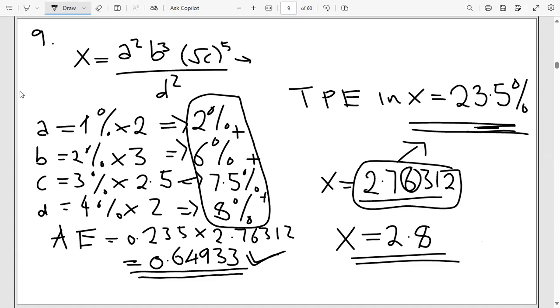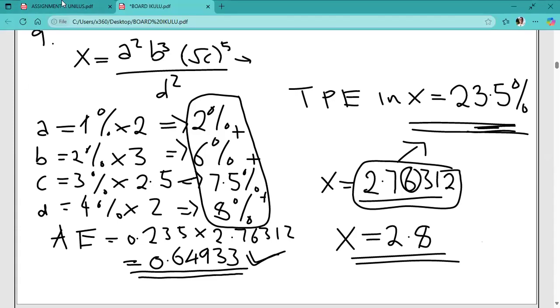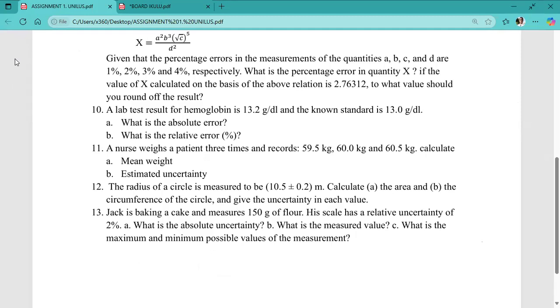Hence, we found both answers in question 9. The explanation on the second part is what leads us to how many decimal places we should round off the value of X to. So that is all on question 9, guys. We can now move on to the next question, which is question 10.